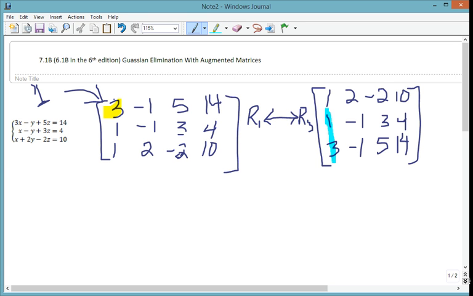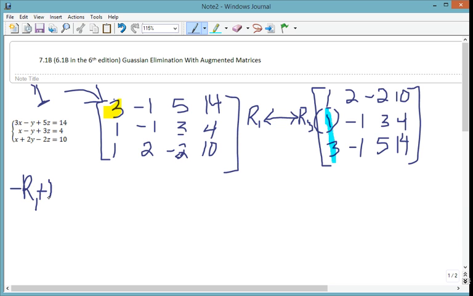Okay, so let's look at how we might get this to be a 0. Well, if I multiplied the top row by -1 and added it to the second row, that would make that a 0. So I'm going to multiply the top row by -1, so that'll be negative row 1.